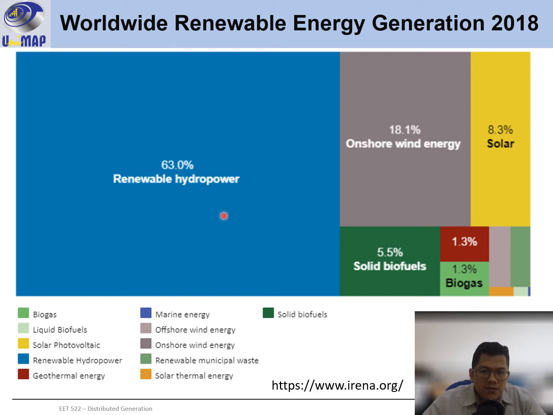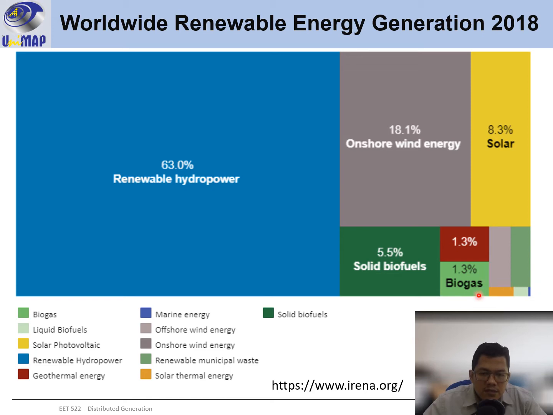Followed by onshore wind energy, and at 8.3%, this is solar photovoltaic. It contributed in 2018 around 550,000 gigawatt hours of solar energy, and then followed by solid biofuel at 5.5%.